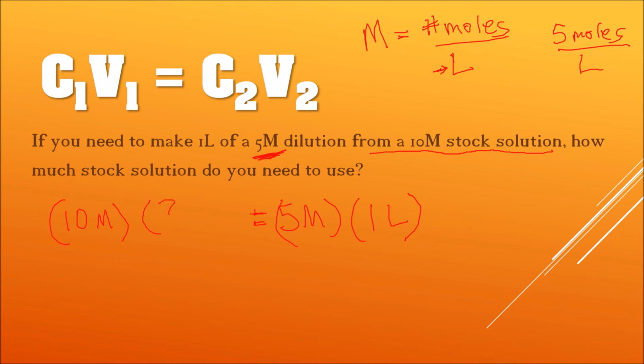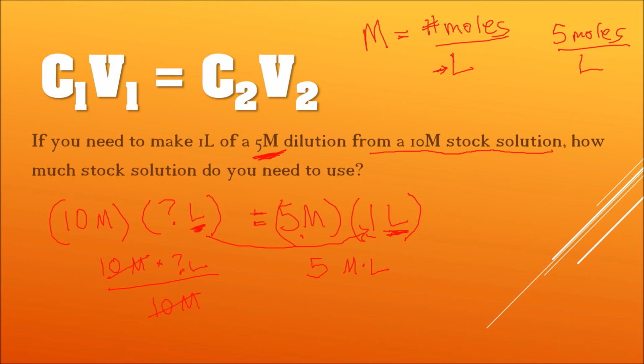How much stock solution do you need to have? See, I put question mark liters. Why? Because over here is liters, so we just want to make sure these match up. So 5 molarity times 1 liter is 5 molarity times liter. And over here we have 10 molarity times we don't know how many liters. So we have to divide this by 10 molarity.